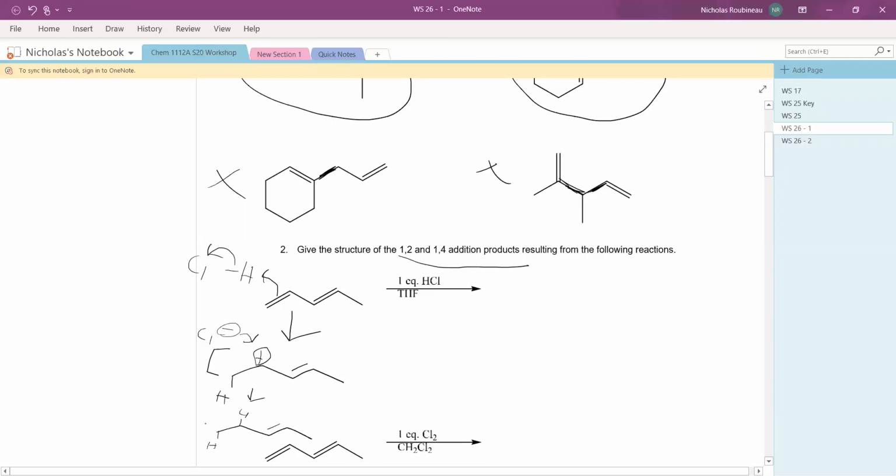It's called 1,2 because if we start numbering the molecule from where the double bond is, it would be like this. That's also how you would number it correctly, but that might not always be the case. We added the hydrogen to carbon 1 and then the chlorine to carbon 2, so this is 1,2.